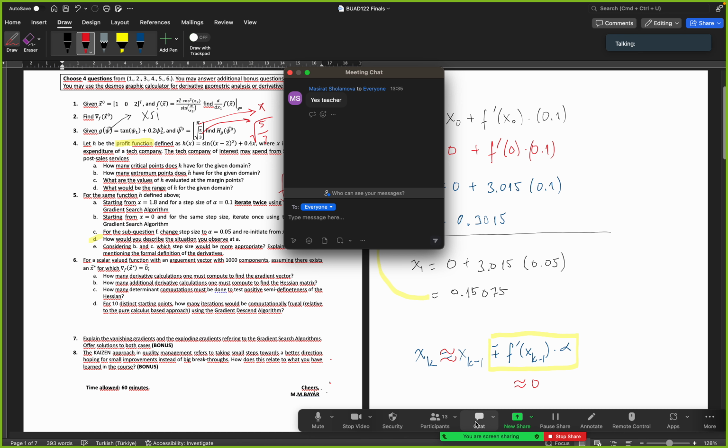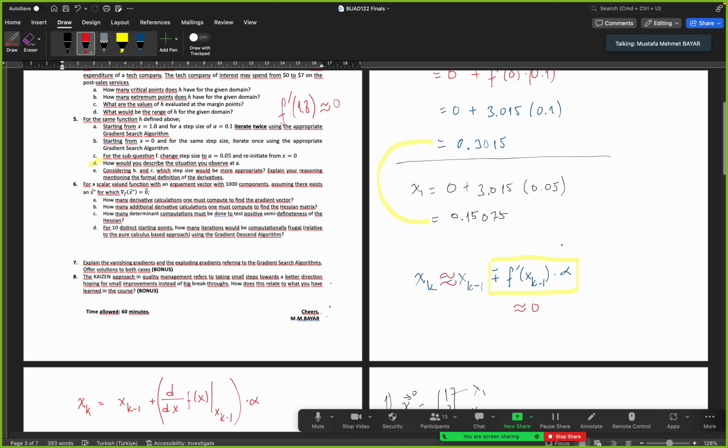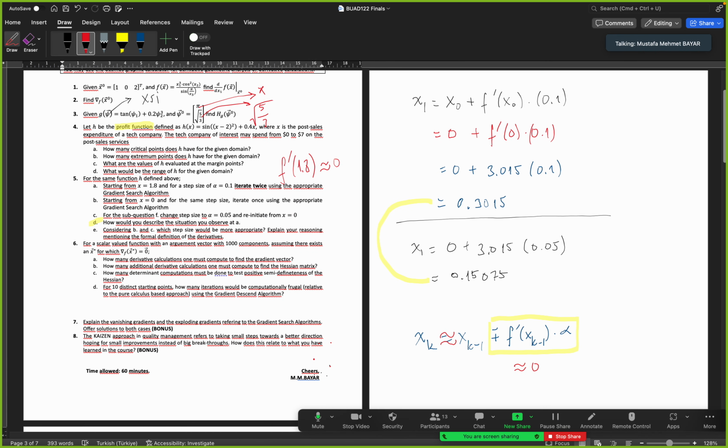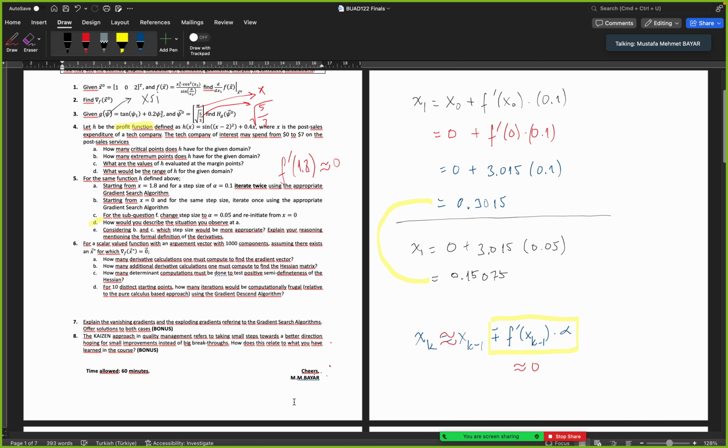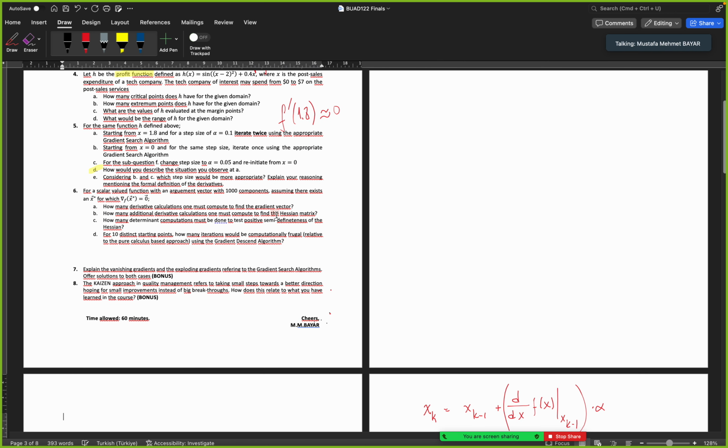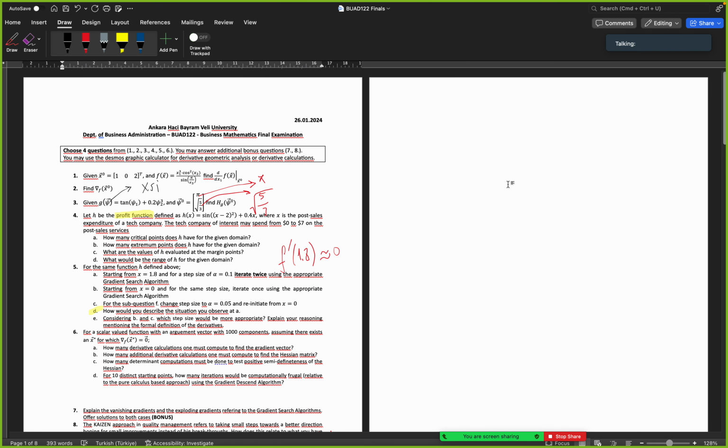Well, I think you should always remember the formal definition of derivatives, which is something with limits. So this is the formal definition of derivatives.